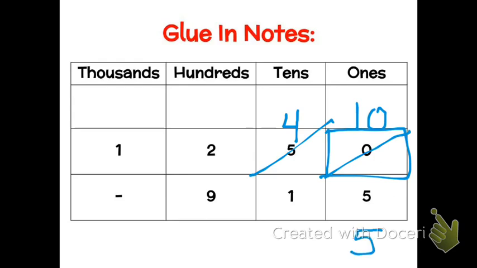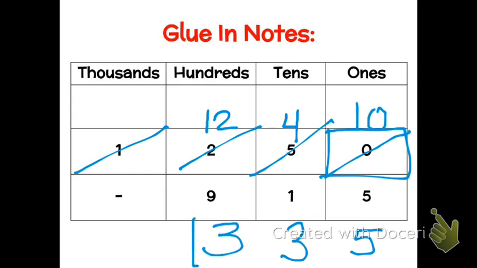You should also be solving this in your notes as well. 4 minus 1, giving me 3. I cannot do 2 minus 9, so again I have to borrow, making this a 12. So then I end up with 12 minus 9, giving me 3. My answer ends up being 335 feet taller.